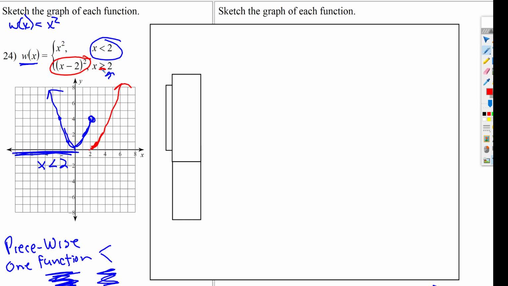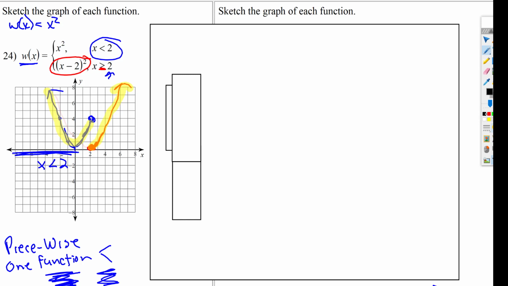And that's a square bracket, so that's going to be a solid dot. So I'm going to make this really, really light. So instead of that quadratic doing this, that part we can't even look at. All we can look at now is this graph doing this and this graph doing that, and that is a piecewise.